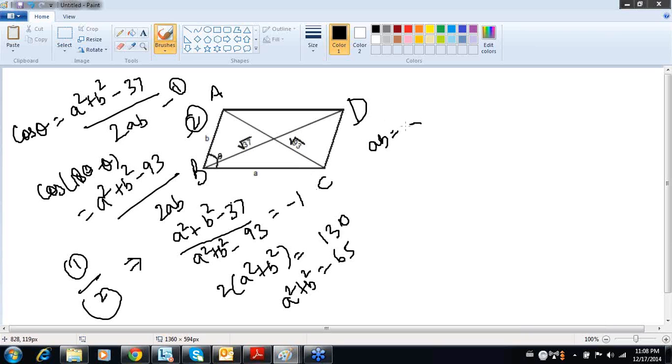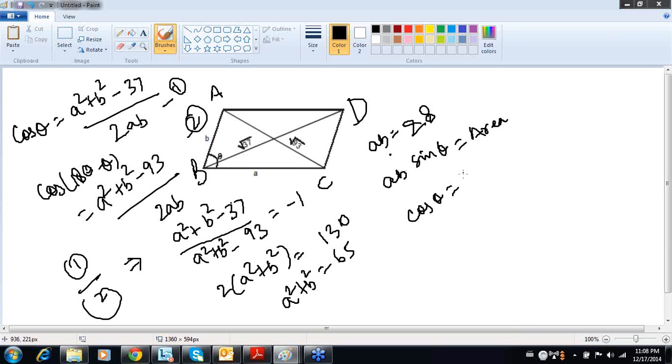Okay. ab is given in the question as 28. What is the area of a parallelogram? ab sine theta is the area. Now we have to find out the sine theta. So can we find out cos theta now? Put this value of ab in either equation 1 or equation 2.